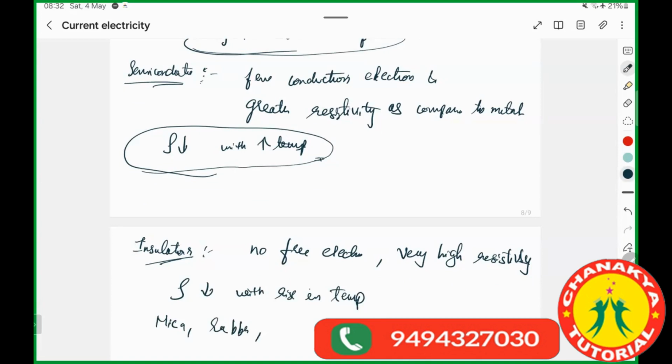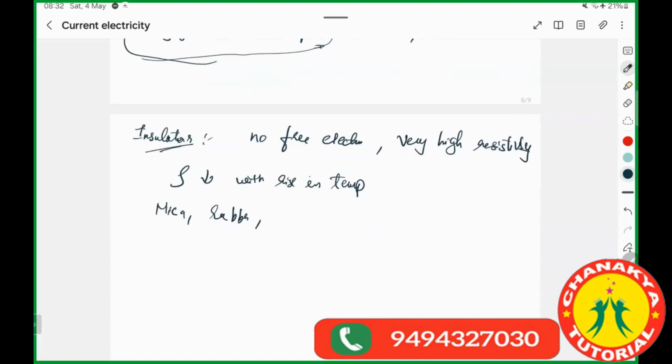And for semiconductors, for example, silicon and germanium. There are so many.